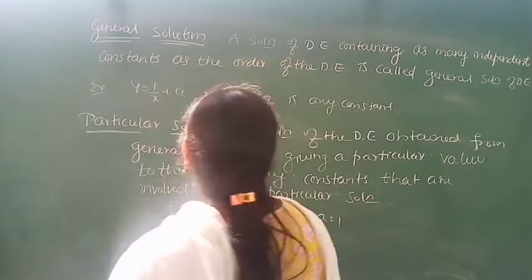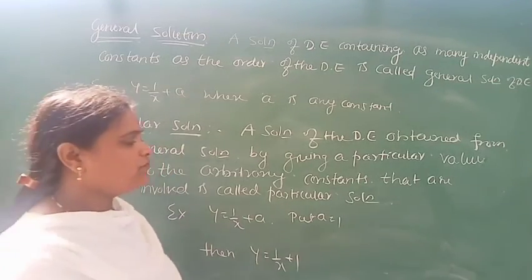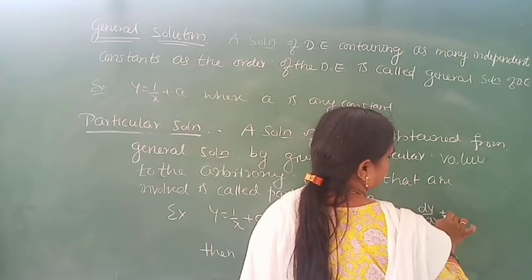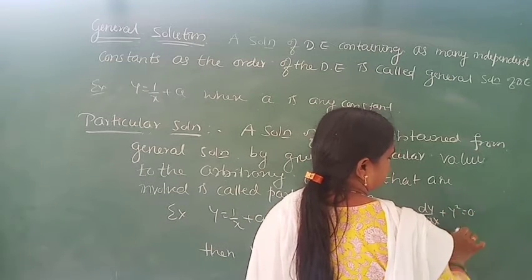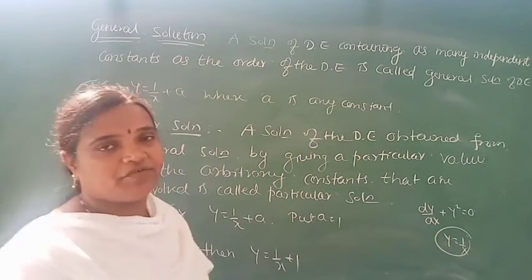Next is the general solution. For the general solution, we know that if dy by dx plus y square equal to 0, then y equal to 1 by x is the solution of the differential equation.